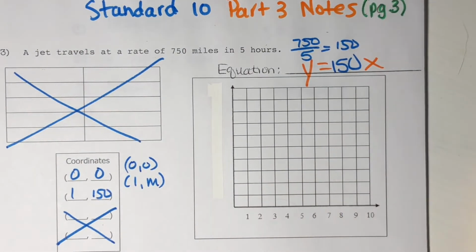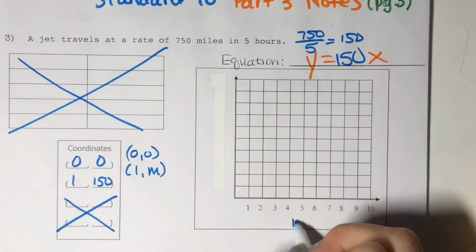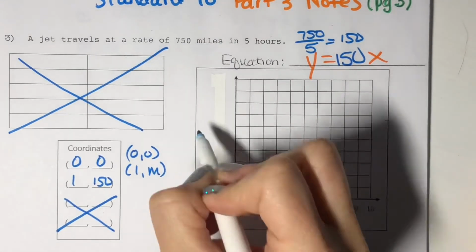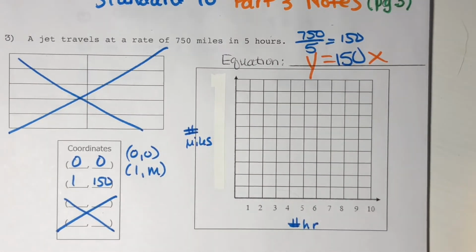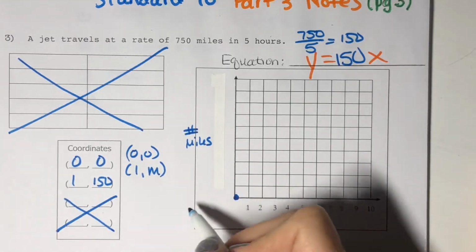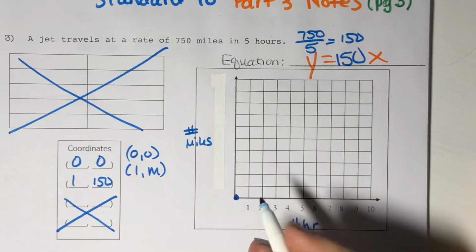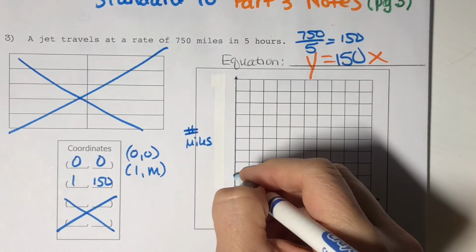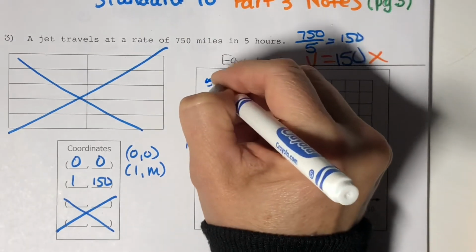Now, I do have a blank graph here, so you need to know that this is the number of hours, because that's our independent. This is the number of miles. This is going to give us a little bit of practice organizing this range here. So if I need to go up to 150, let's just go by 100s. 100, 200, 300, 400, 500.